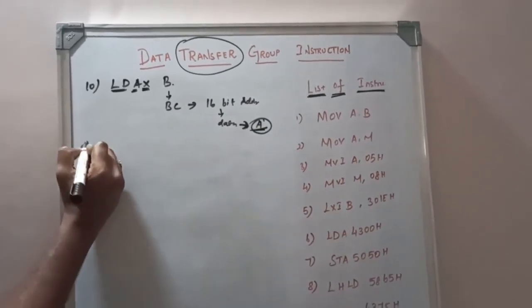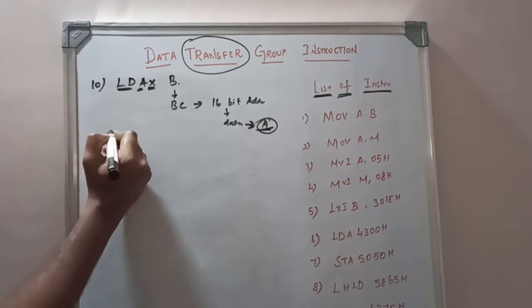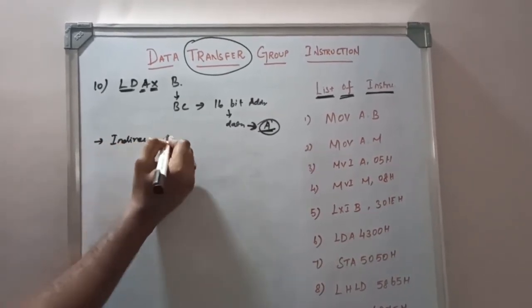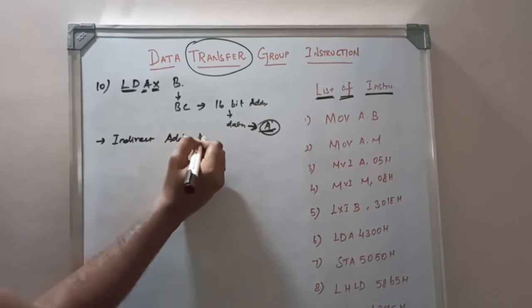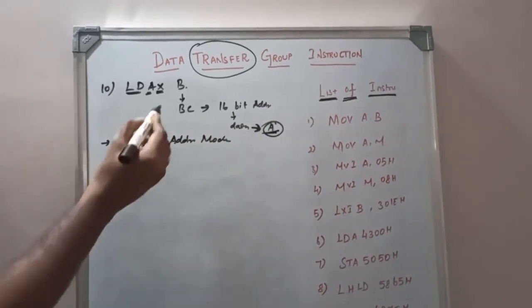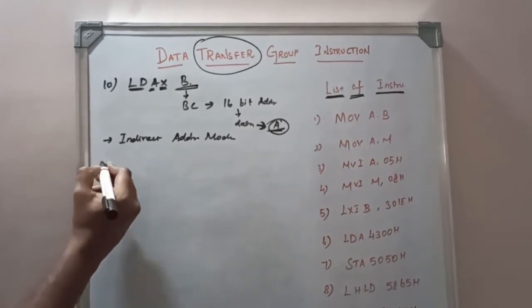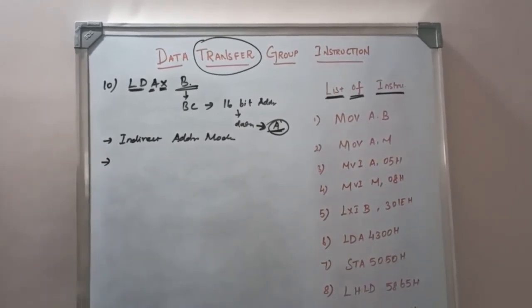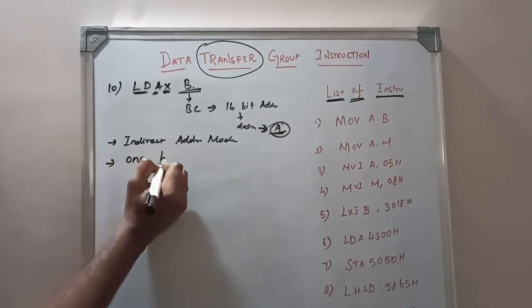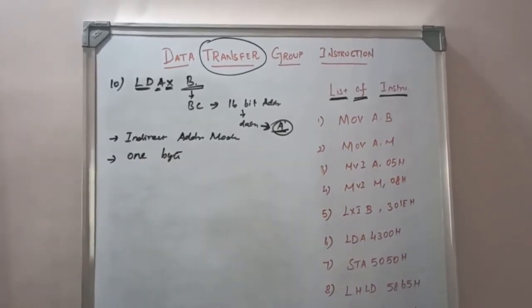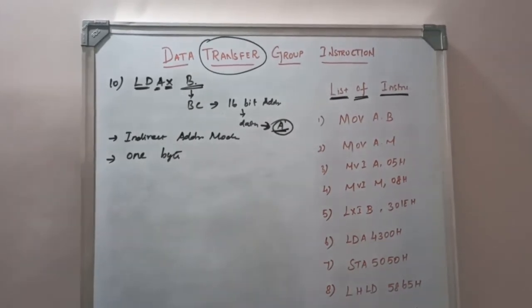Type of addressing mode: indirect addressing mode, because the address is stored in the pair register, so it is an indirect addressing mode. Byte of instruction: 1 byte, because no 8-bit data or 16-bit data is present in the instruction itself.